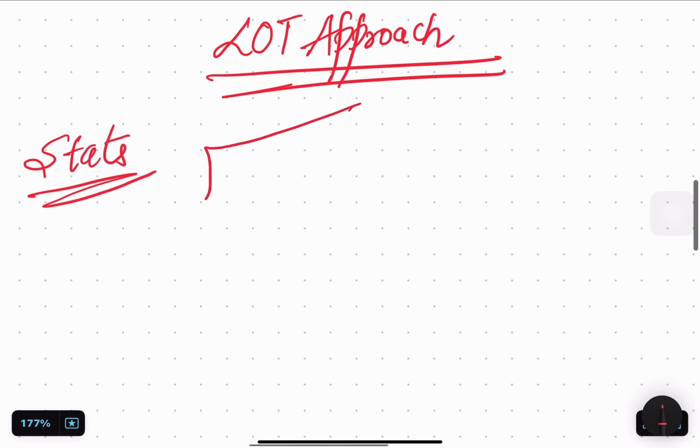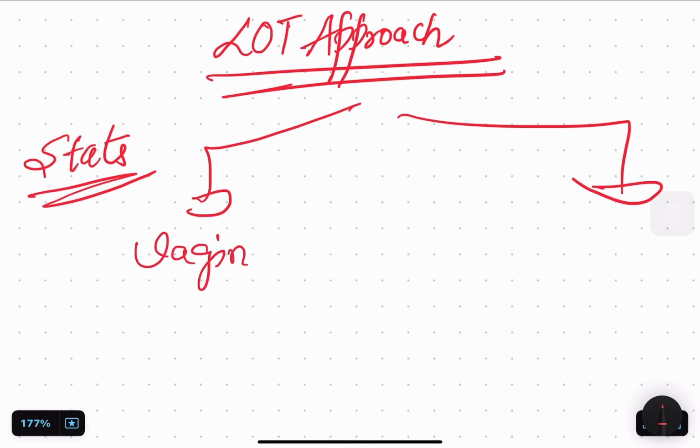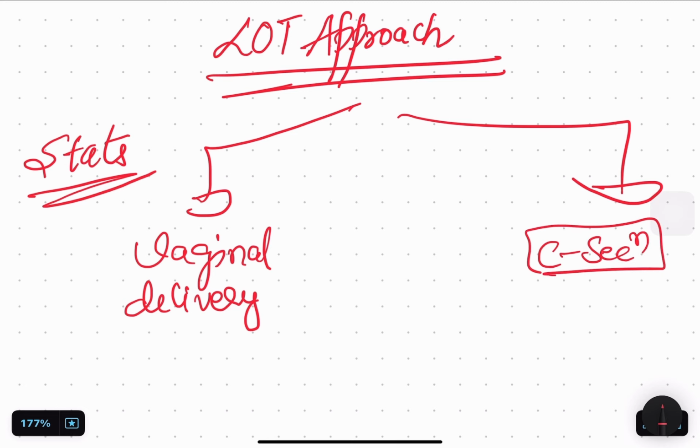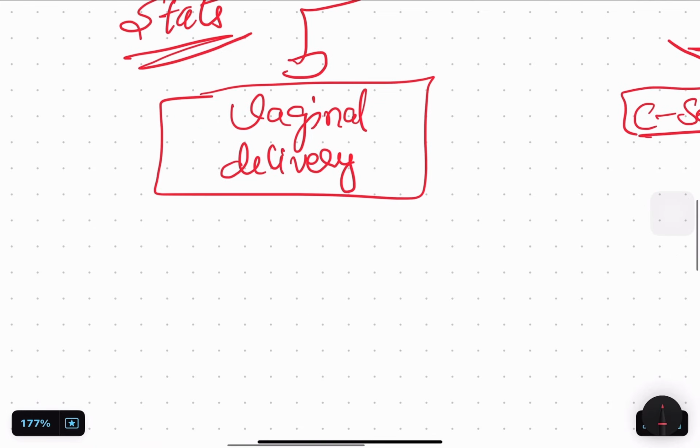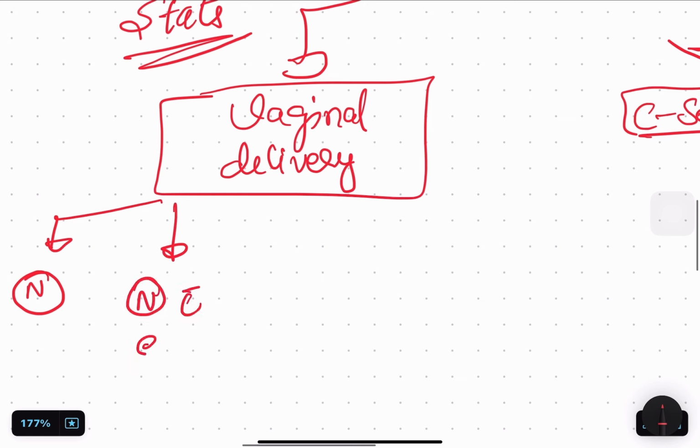The only thing you can see is your normal vaginal delivery and your C-sections. In your normal vaginal delivery, you can have a normal one without episiotomy or a normal with episiotomy.